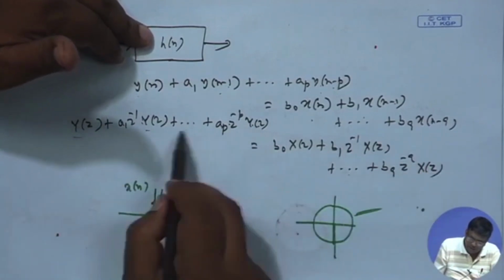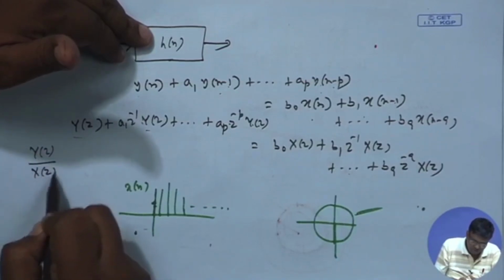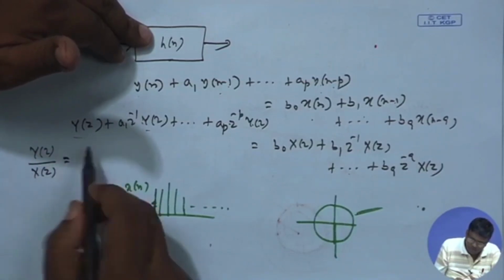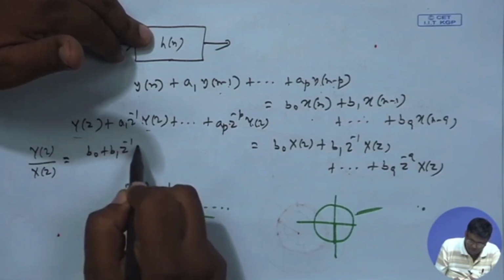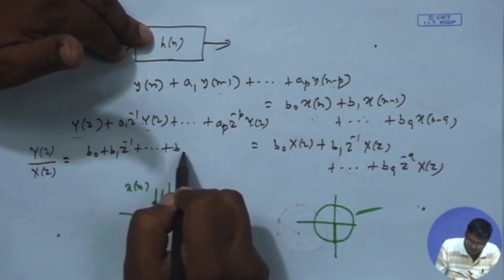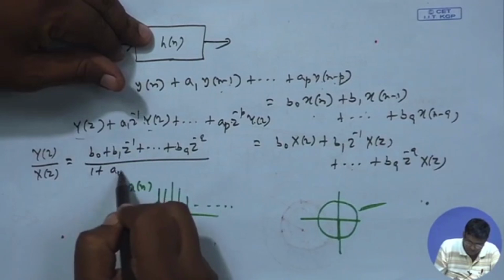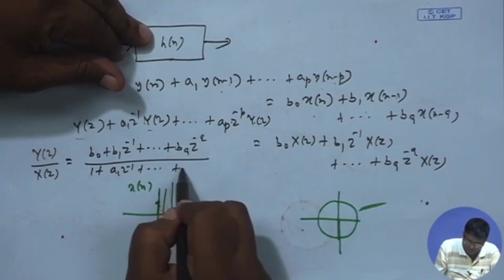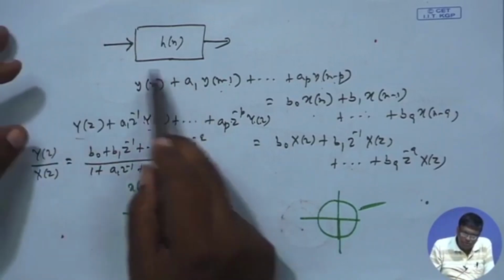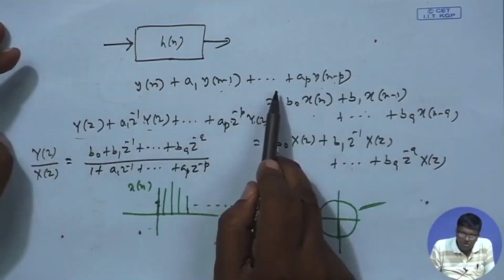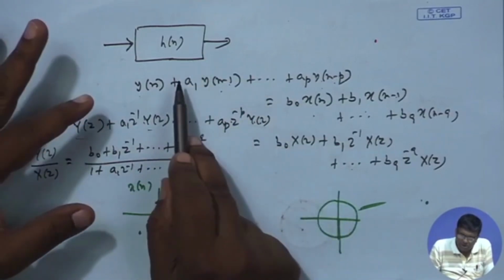And then if you take Y(z) common, X(z) common, this ratio will be as follows. Now, if initial conditions are given to be 0 for this equation, then I know the system will be linear and shift invariant.